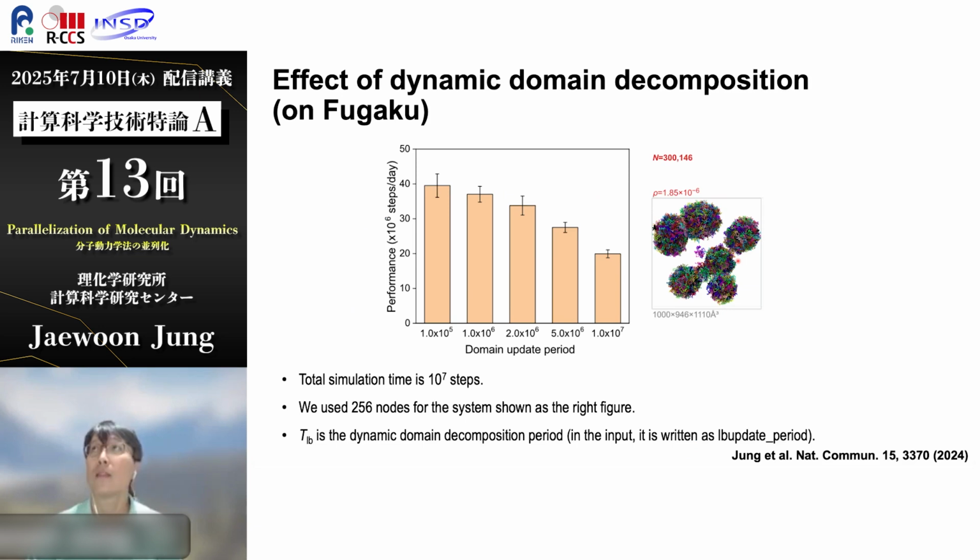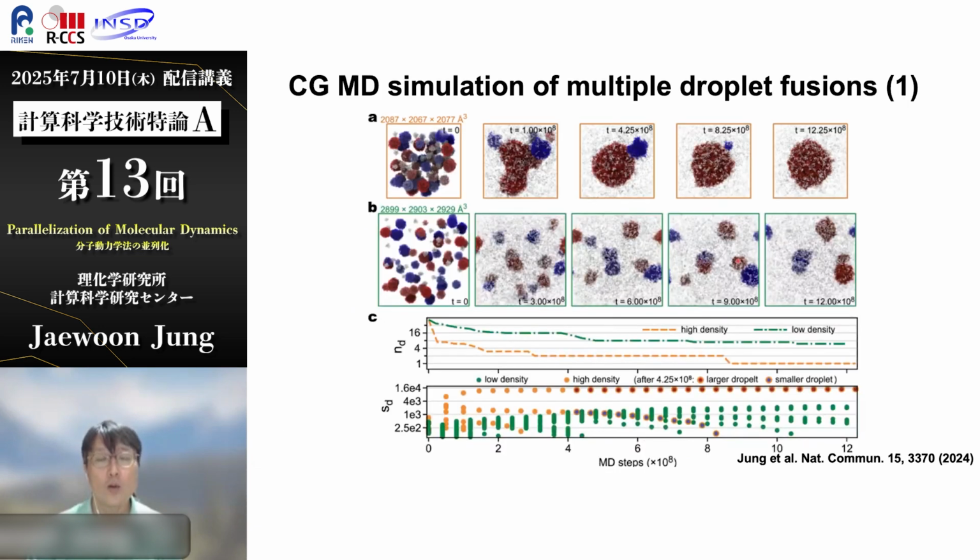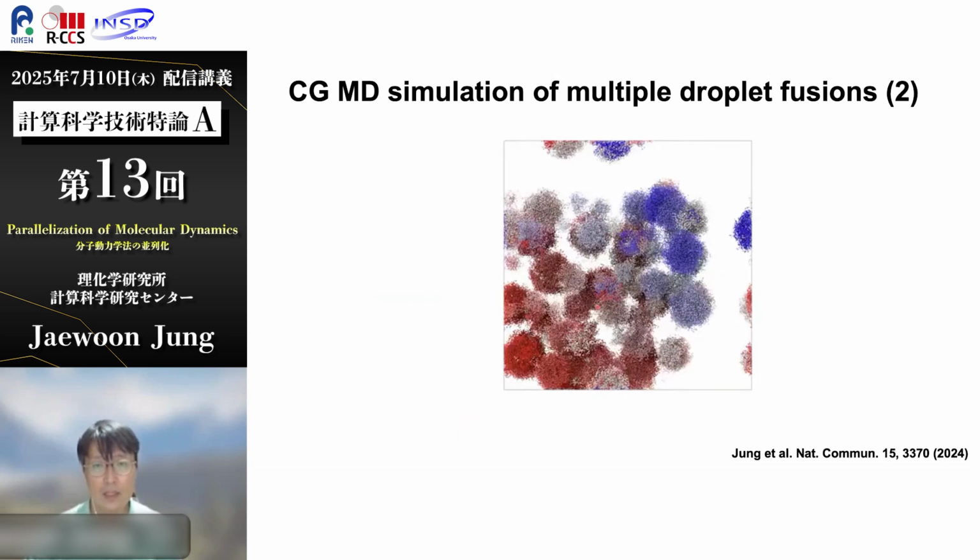And so, using this, we could obtain some biological condensation phenomena. Each point is just one protein chain, so this is a very large system. Using efficient parallelization on Fugaku, we could obtain this condensation phenomenon. I'll show you this one.